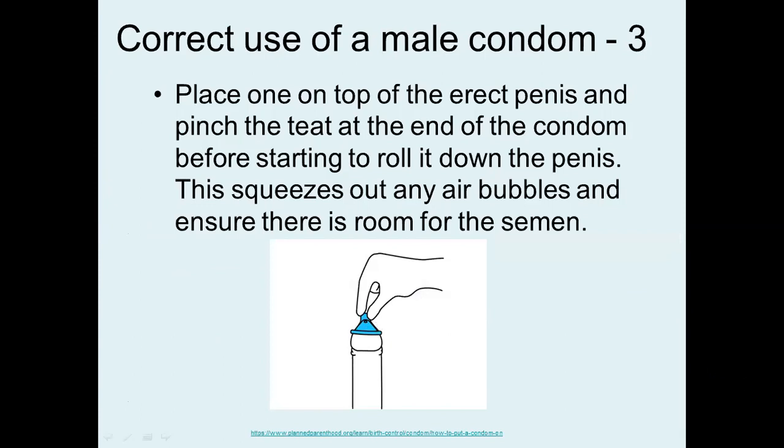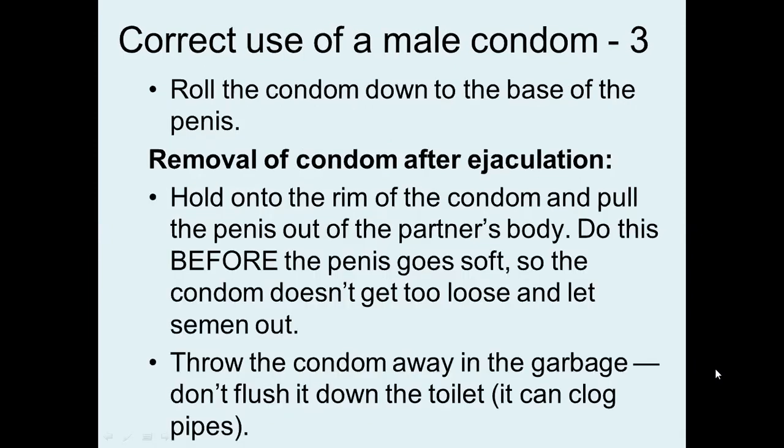That's where, when the male ejaculates, the semen goes. And if this thing is pulled on without a little teat into which the semen can go, the condom's going to burst. And burst condoms means bad news. Okay, then roll the condom down to the base of the penis.